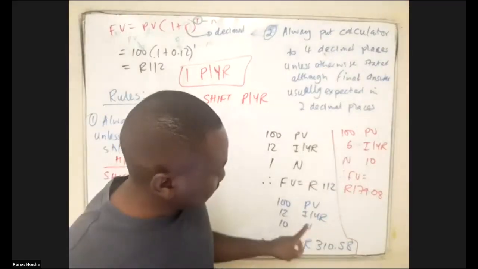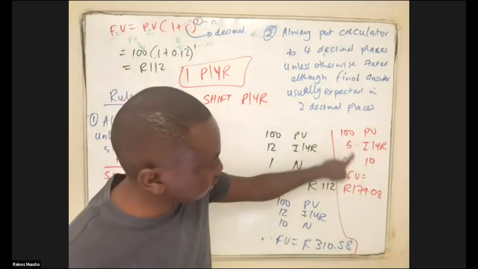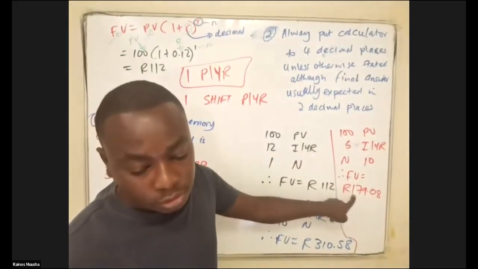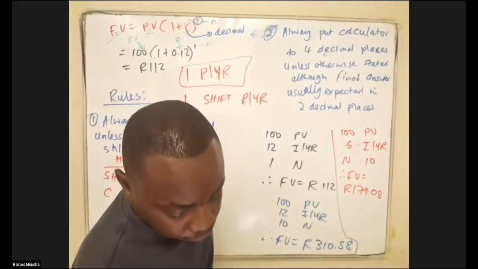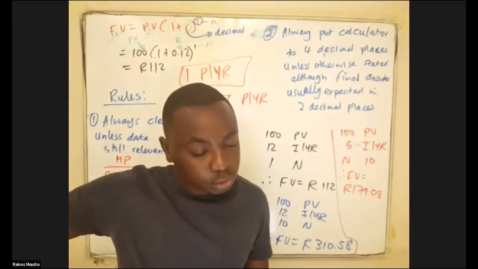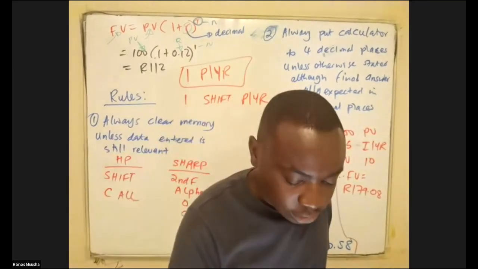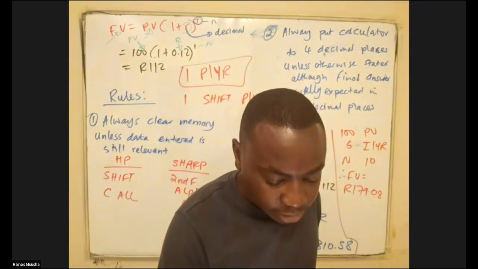So what does that mean? Do you see that the higher your interest rate, the higher the future value? The lower the interest rate, the lower the future value. Which means your future value depends on how many periods you go into the future and how much interest you are going to be earning. This is what figure 2.1 is trying to demonstrate.